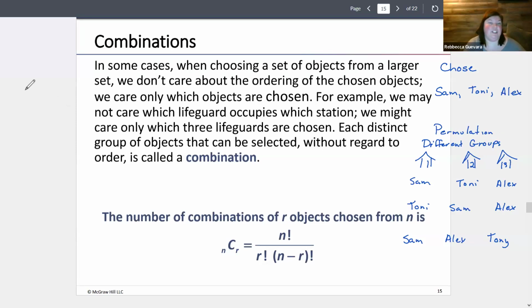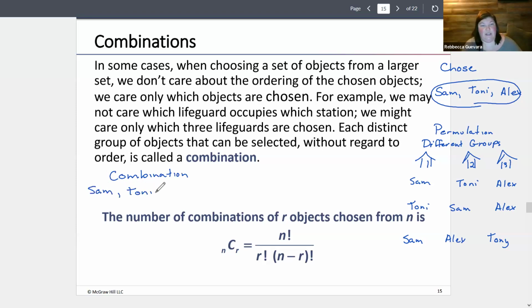When we talk about a combination, all we care about is that we just have these. So with a combination, Sam, Tony, Alex is one group, or Tony, Sam, Alex, etc. All of these different orderings are the same group.